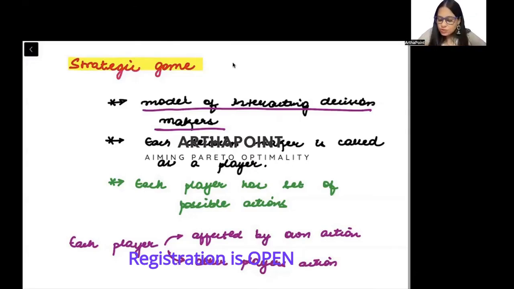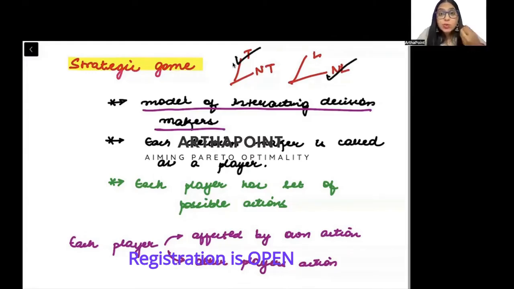Say she has two options. I will teach or not teach. You have two options. You will learn or not learn. Suppose she decides she will teach and you decide you will not learn. Then the payoff or the utility or the satisfaction will be from teaching and not learning. Suppose she decides she will not teach, but you wanted to learn that day, then the payoff will be accordingly. So the payoff will depend on what finally comes as an outcome.